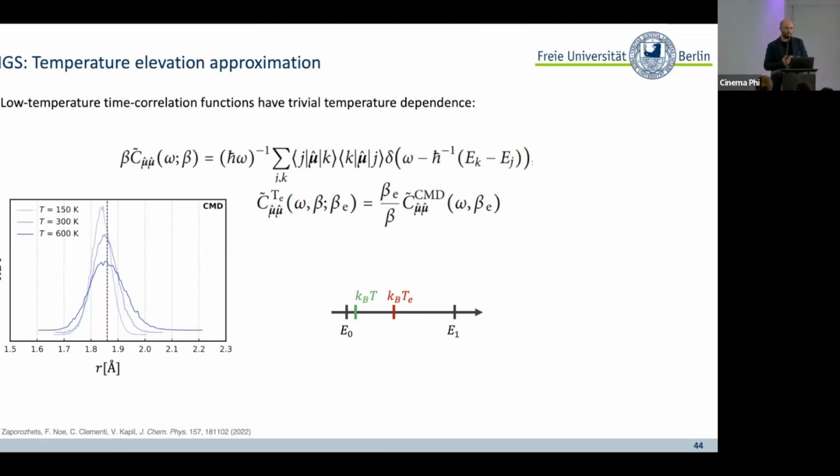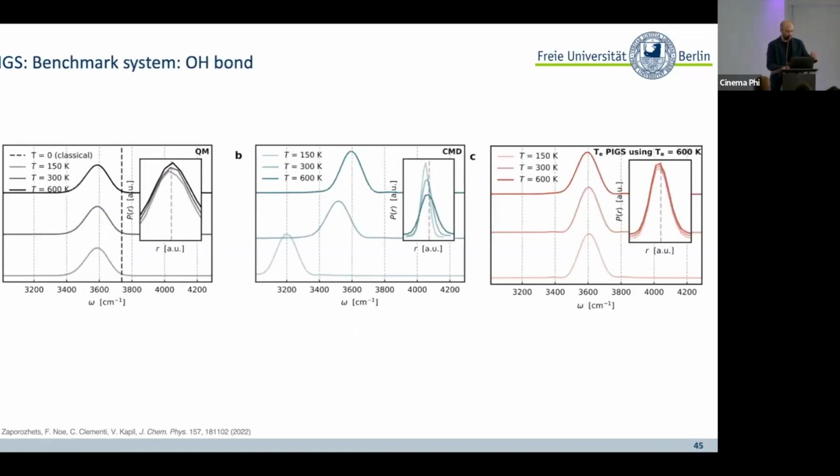So the idea is that we can use a temperature elevation ansatz that basically works in this way. We train our model at a high temperature that has to be high enough for the system to be in the ground state, but again, high enough that we don't have this redshift effect. Having trained this potential, we can then use it to make simulations at lower temperature and obtain the correct result that also doesn't take into account the redshift effect.